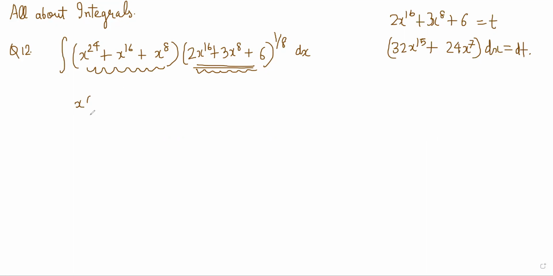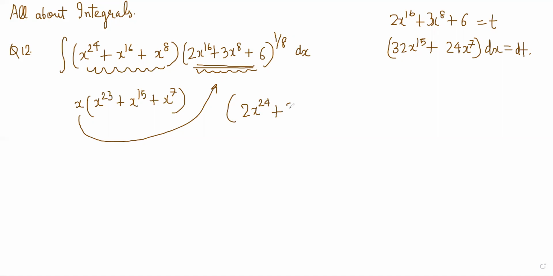If I take x common from here, I'll be left with x power 23 plus x power 15 plus x power 7. And if I put this x in the second factor, when it goes inside the bracket, it will become x power 8 there, right? Because if you write 2x power 24 plus 3x power 16 plus 6x power 8 whole power 1 by 8, from here you could have taken x power 8 common, which will come out and become an x, right?